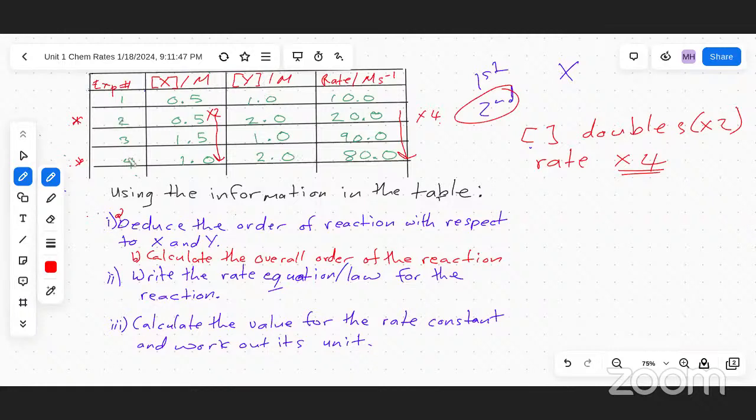If you look at experiments 2 and 4, the concentration of Y stays at 2, while we double the concentration of X. So the concentration of the reactant we're interested in must change while the other one stays the same.